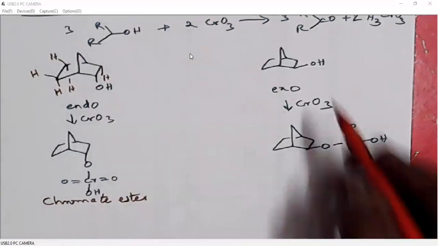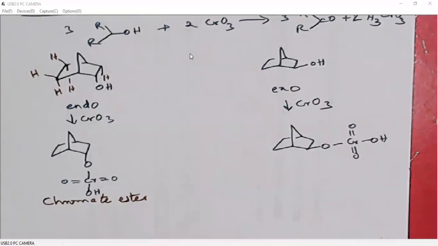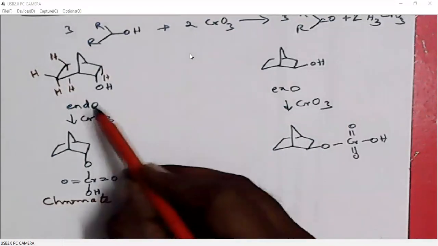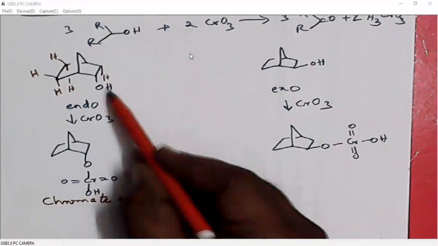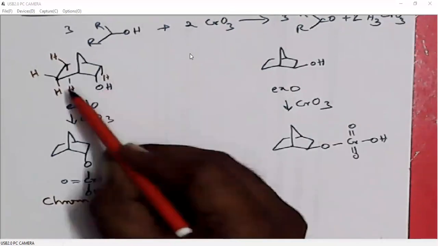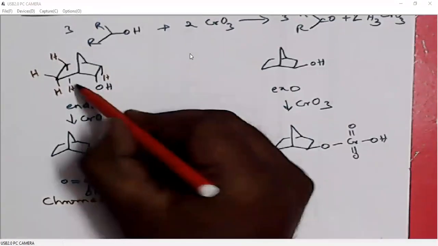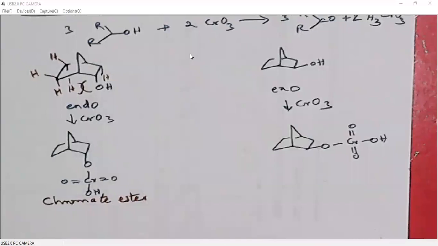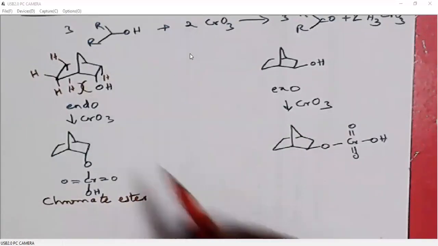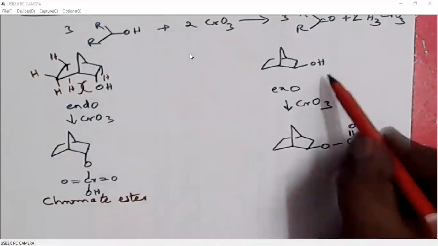But the exo hydrogens are not coplanar, so they may not have steric crowding. In endo, this OH feels steric crowding with all the hydrogens. OH is not a bulky group, so it is somewhat okay, but it is less stable compared to exo.